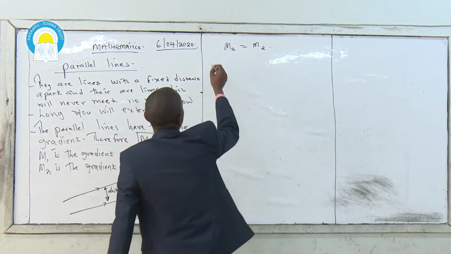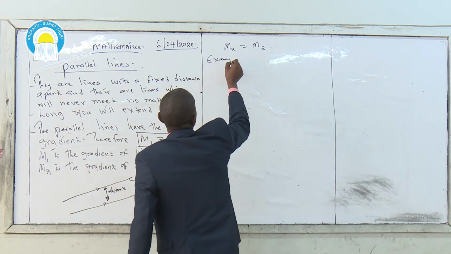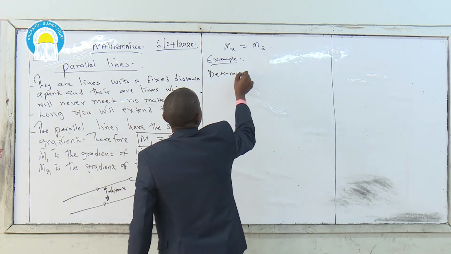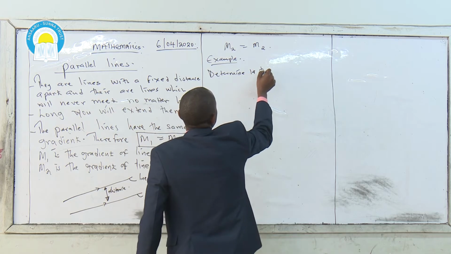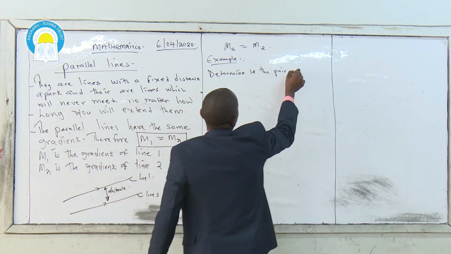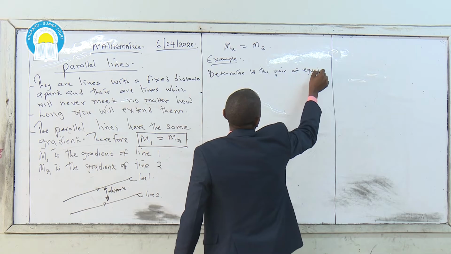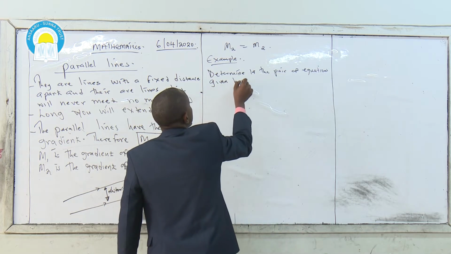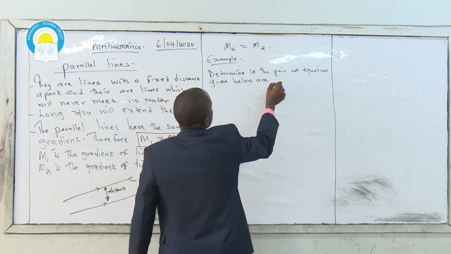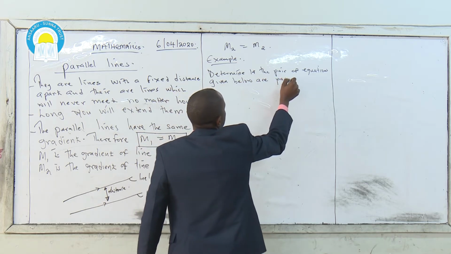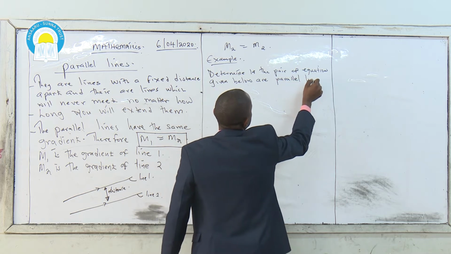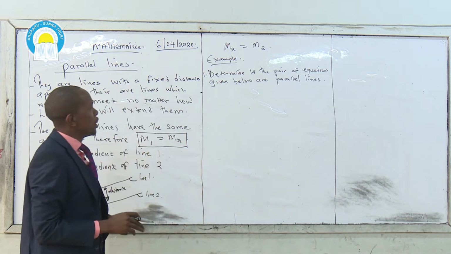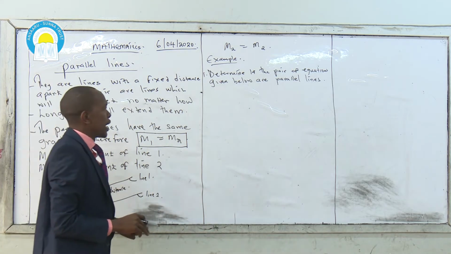For example: determine if the pair of equations given below are parallel lines.